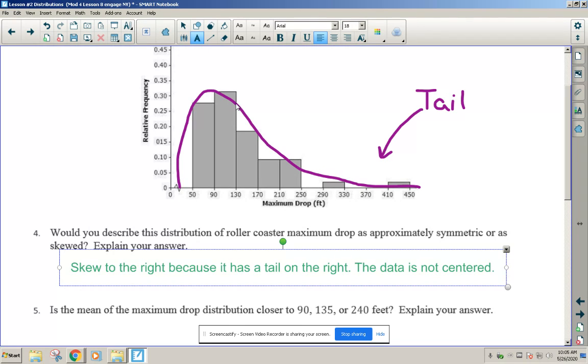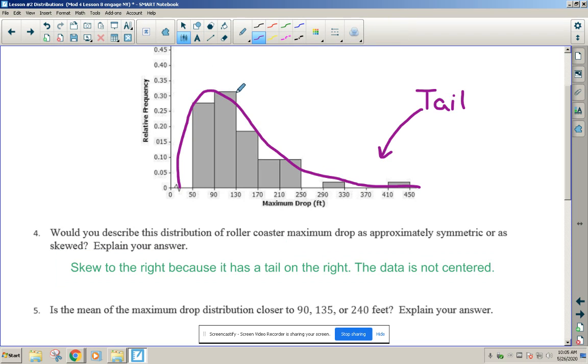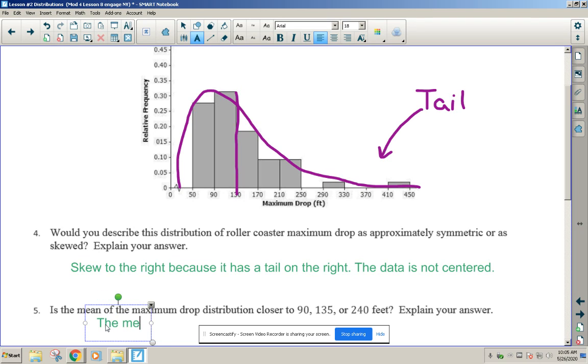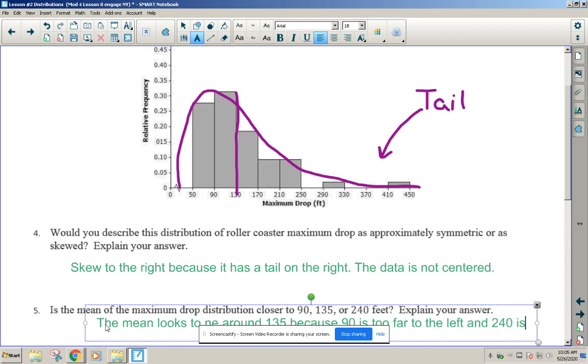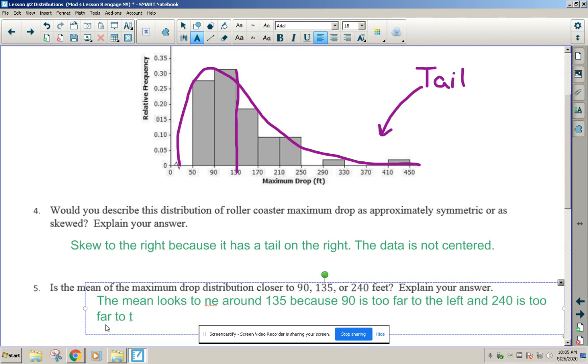So 135 would probably be, if I had to make a guess, being that I don't have the data list, since here's 130, and I had to make a guess on where the mean would be. The mean looks to be around 135 because 90 is too far to the left and 240 is too far to the right.